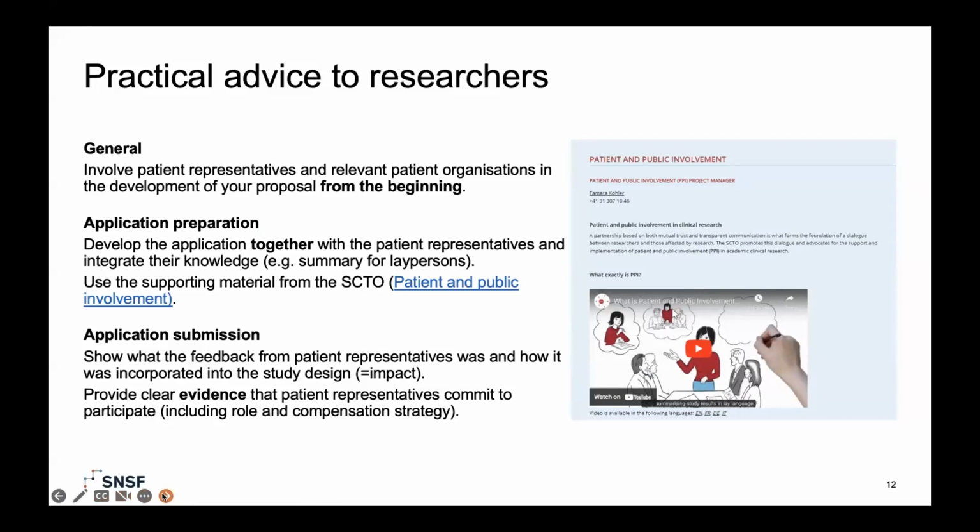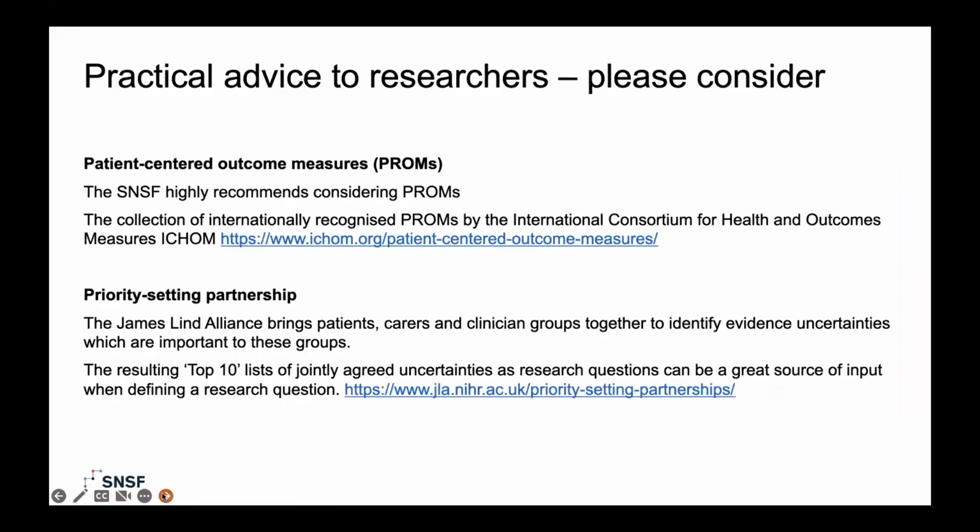And then the final slide, that was already mentioned by Sandra at the beginning, we highly recommend considering prompts. And we think the priority setting partnership from the James Lind Alliance can be a good tool to define a research question.